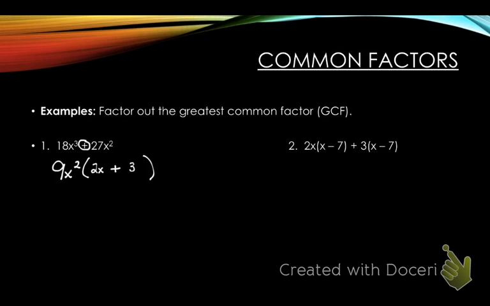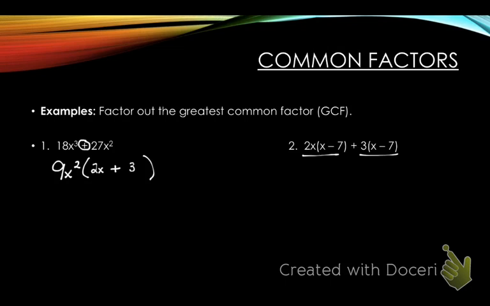Now on 2, okay, it's already factored. It's basically how we're going to set up whenever we do factor by grouping. But what's in each part?